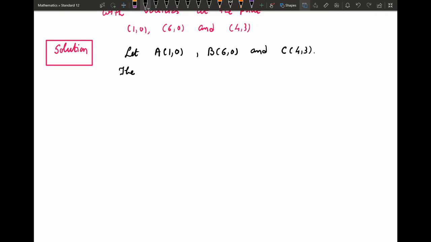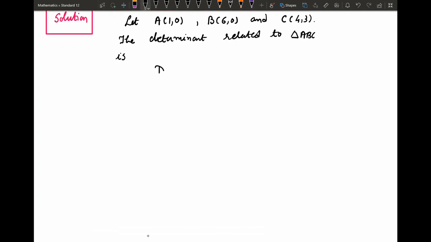The determinant related to triangle ABC is determinant D equal to x1 y1 1, x2 y2 1, x3 y3 1.